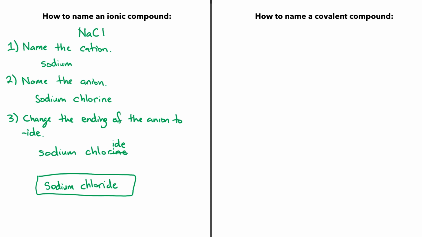And then how to name a covalent compound. The example you cannot use is CCl4. Step 1, use prefixes to name the first element.